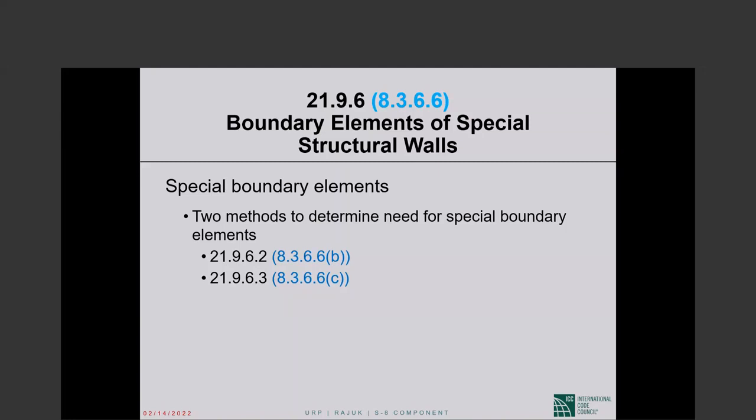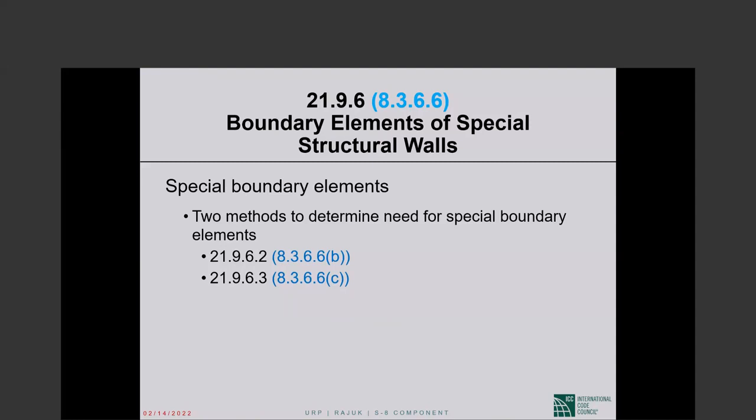Okay, so UBC 94 said and ACI 318/99 said you shall confine those parts of a shear wall cross section that develop significant compression under the design earthquake of the code.